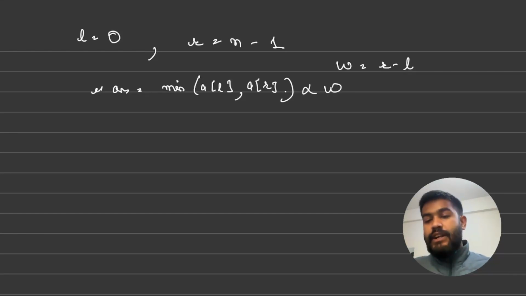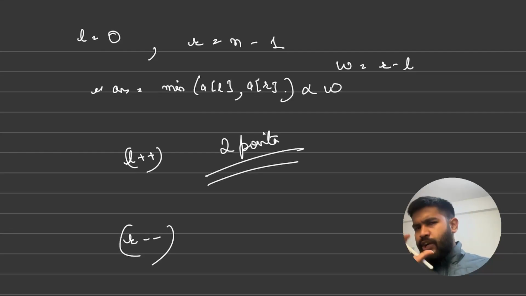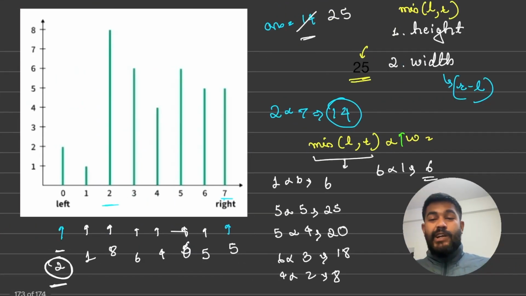Then whichsoever is minimum: if L is minimum, we would do L plus plus, else we would do R minus minus. At the end of the day, we would get the answer. This is how you can solve this problem using 2 pointers. I know this is non-intuitive, but if you write down the equation and then think about it in those terms, it would become intuitive.